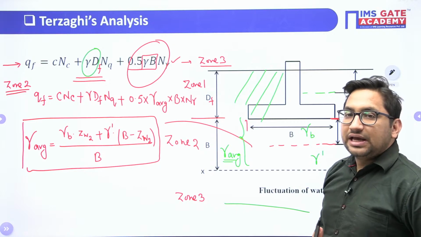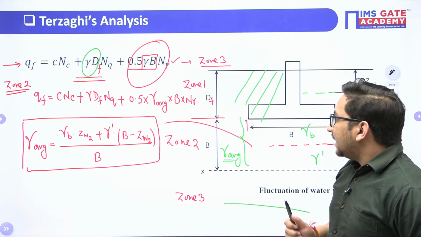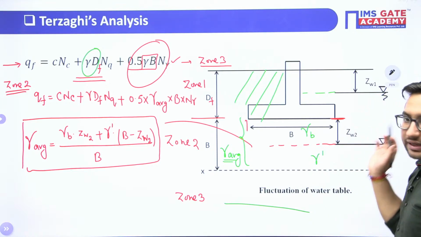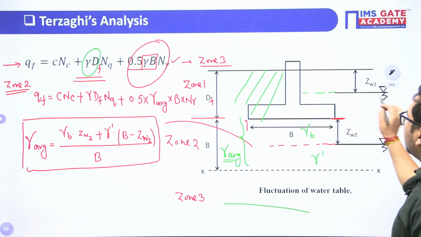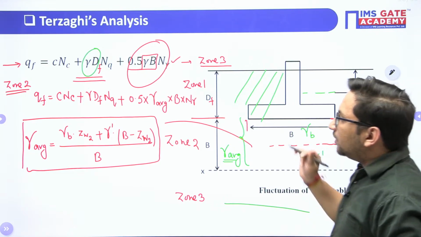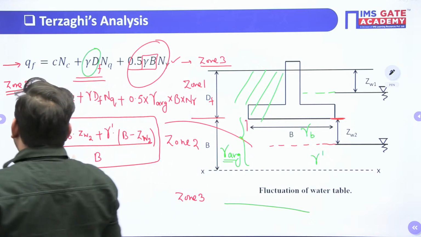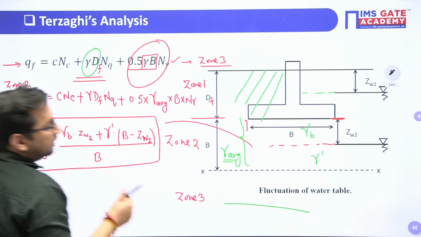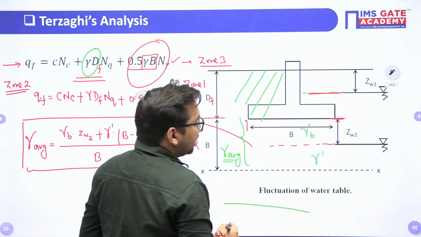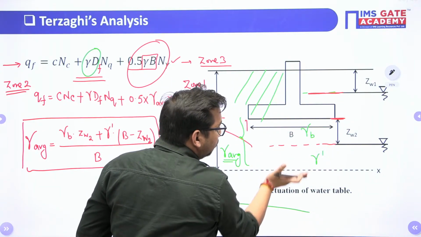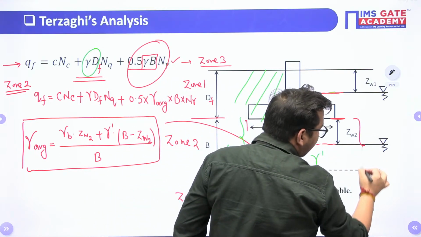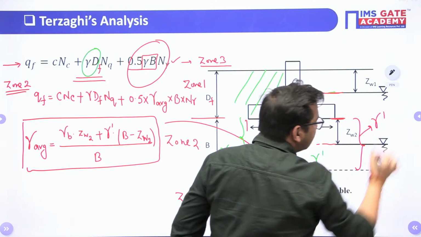Right? Now, let's suppose the water table is in zone number 1, somewhere here. What will be the change? Again, let's suppose the water table is here. Now this soil in zone number 2 is completely submerged. It means here the gamma will be gamma submerged.